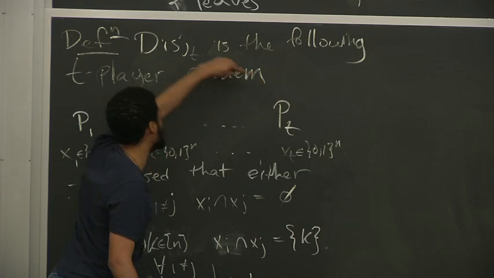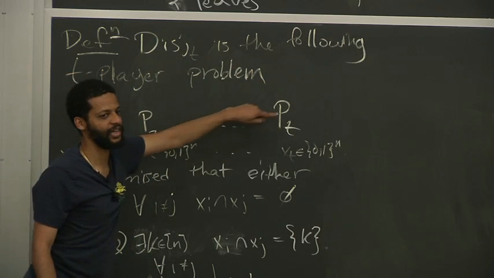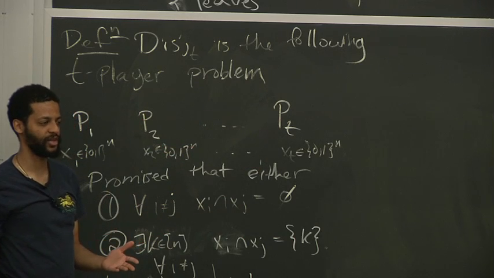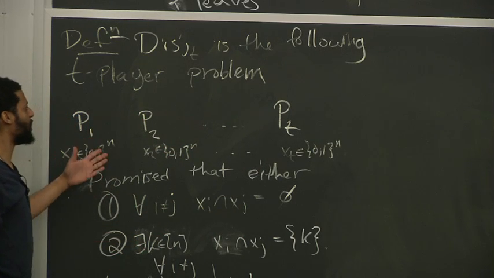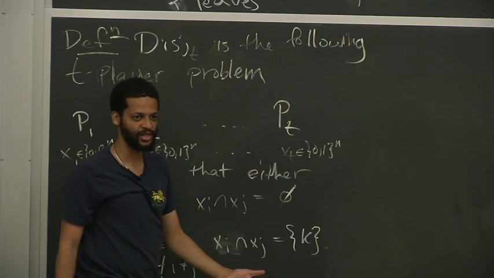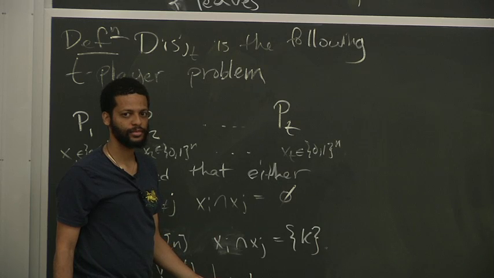We would allow PT to then talk to P1, who can then keep talking, and we could keep going around like this. But for one-pass streaming algorithms, we're just going to look at the one-way communication complexity where once it gets to PT, PT then just has to answer.